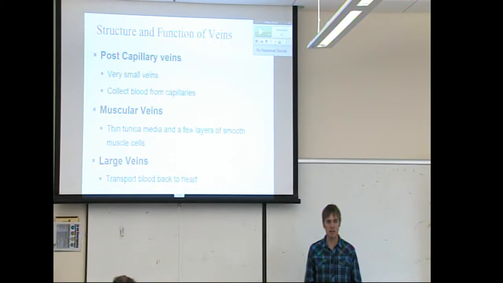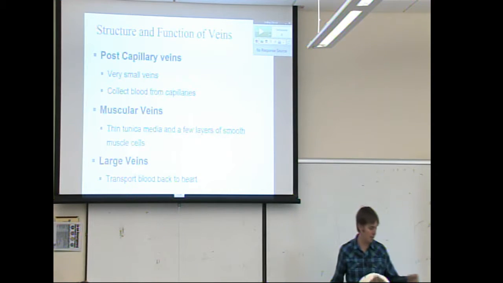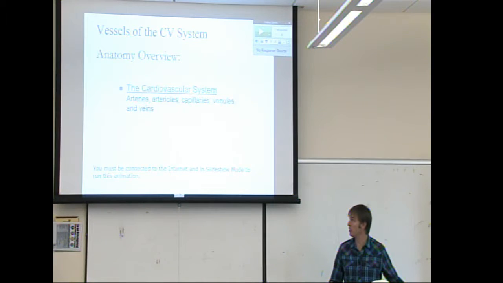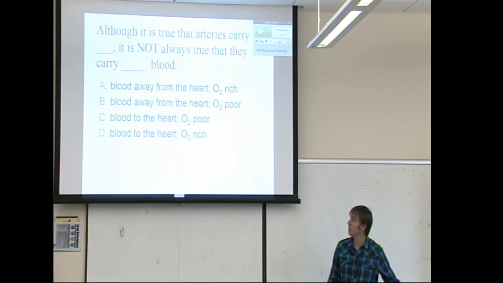So if your blood pressure happens to be a little bit higher than normal, your veins can actually expand to take some of the pressure out of the blood, basically, so it doesn't lead to constant high blood pressure. All right, and if you want an overview of all those, feel free to click through that. But we're mostly talking about blood pressure today anyways.